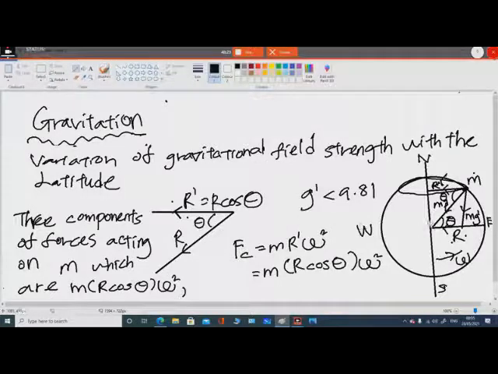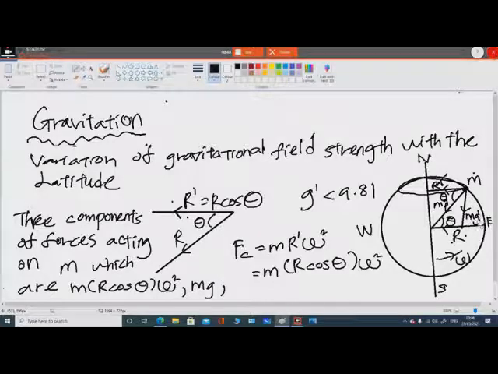So this one will be 1. The force here, which is acting towards the center of the circle, is the true gravitational force, which is mg.